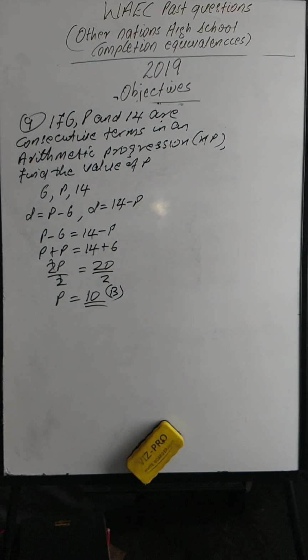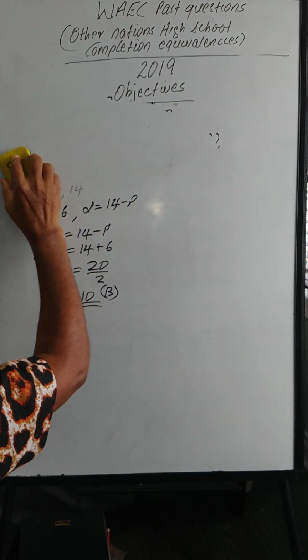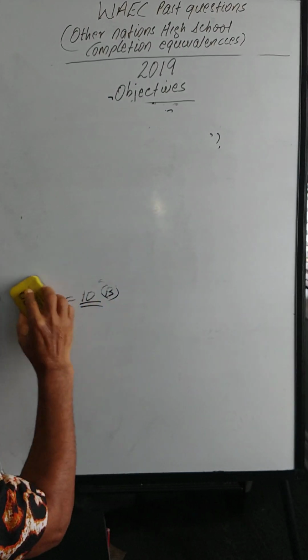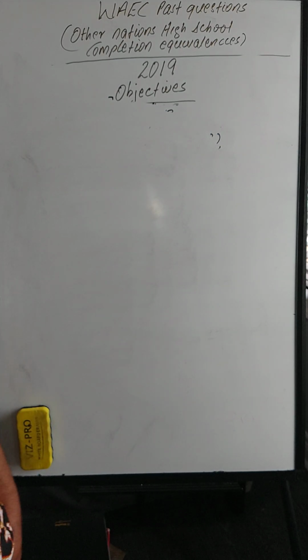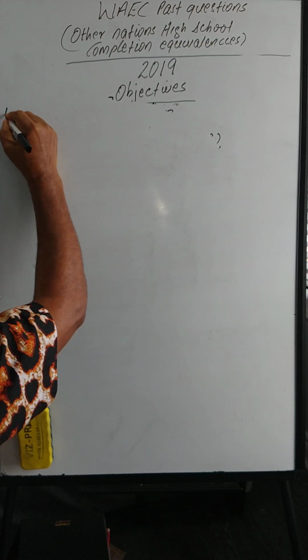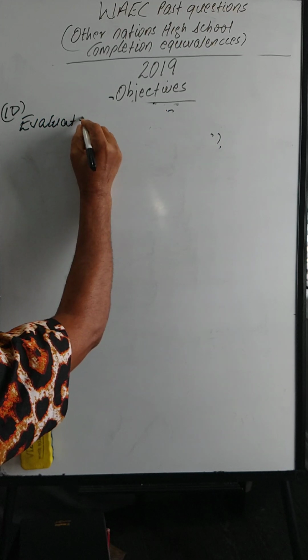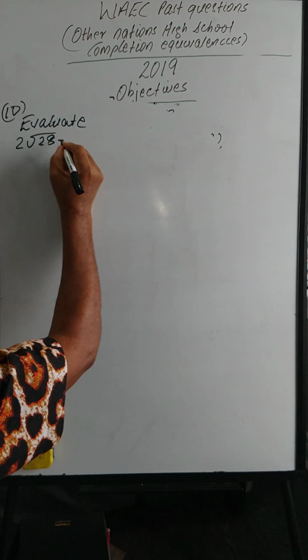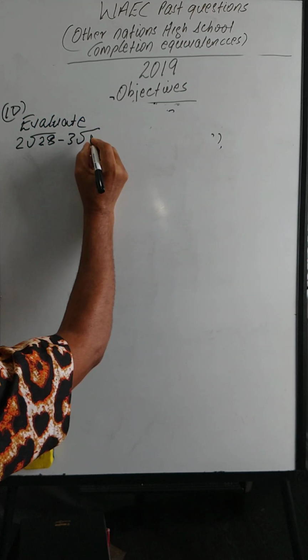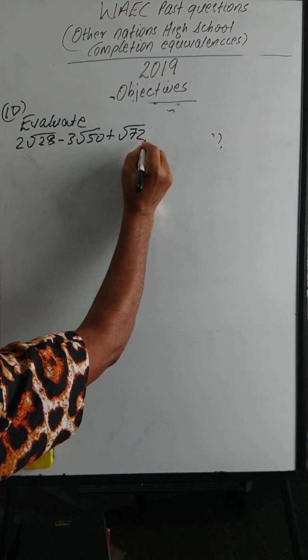Let's go now to question number 10. Question number 10. Clean the board. In question number 10, we are expected to evaluate 2 root 28 minus 3 root 50 plus root 72.